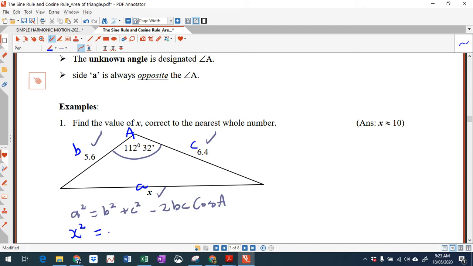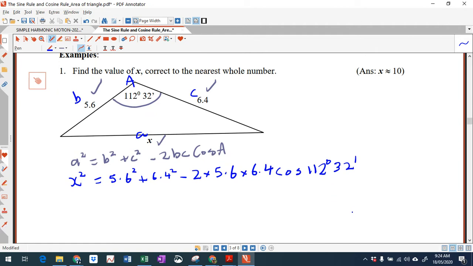Okay, so 5.6 squared plus 6.4 squared minus 2 times 5.6 times 6.4, and then cosine of the angle, which is 112 degrees, 32 minutes. Okay.